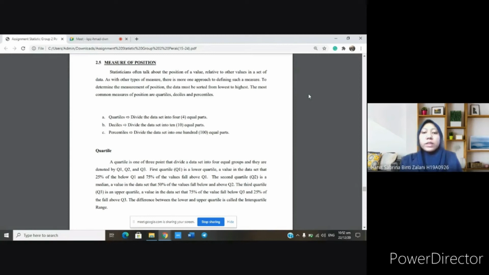The third quartile, Q3, is the upper quartile, where 75% of the values fall below Q3 and 25% fall above Q3. The difference between the lower and upper quartile is called the interquartile range.